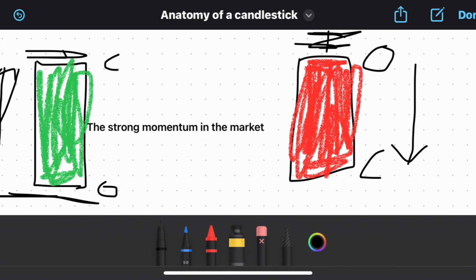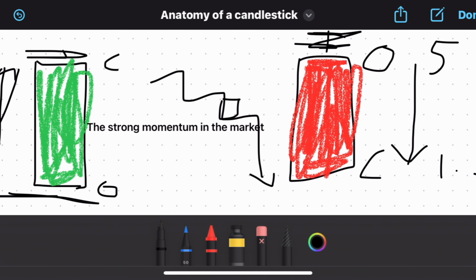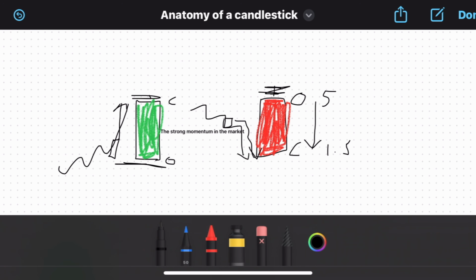It has no wicks. So the moment, let's say price opened at 5, right, immediately was pushed down all the way to 1 or 1.5, right? So also in a downtrend, when you find a Marubozu like candlestick, it indicates that there's a high probability of the trend continuing in that direction, right? So these are just little applications for that.